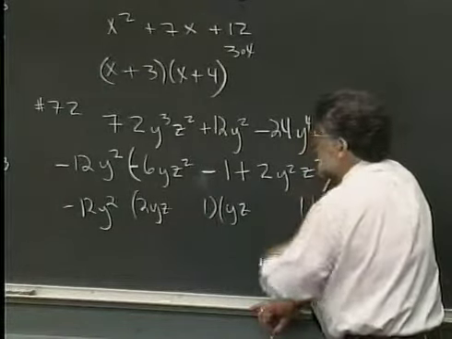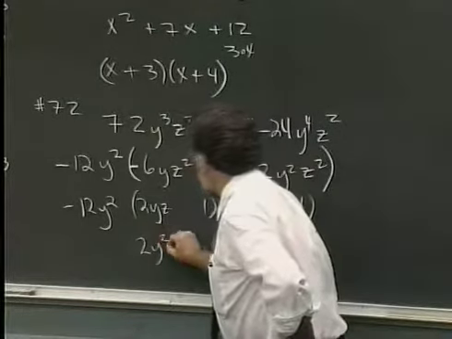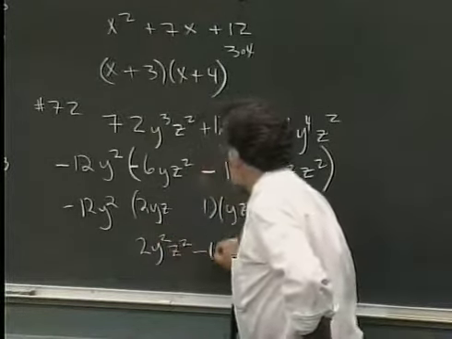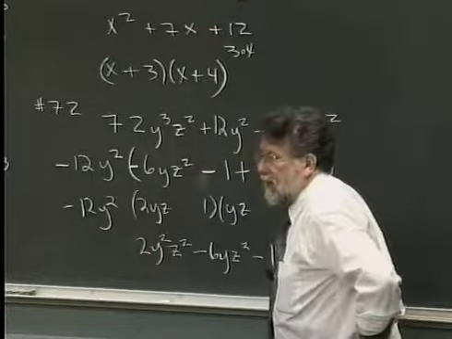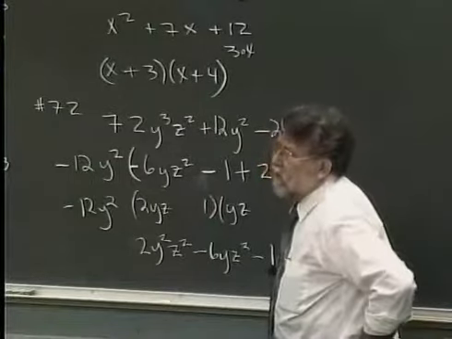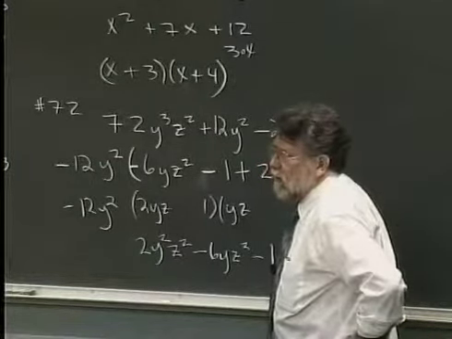So I would have rewritten this. What I would have written there is 2y squared z squared minus 6y z squared minus 1, and hoping that I could factor that. So I rearrange it in what I consider a comfortable form.